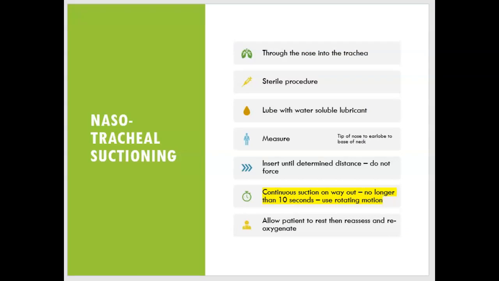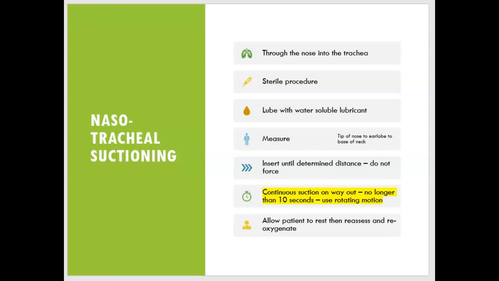Nasotracheal suctioning is just what it says it is. It goes through the nose and into the trachea. It is a sterile procedure, and we're going through the nose. The nose tends to be drier usually than the mouth, in some cases anyway.